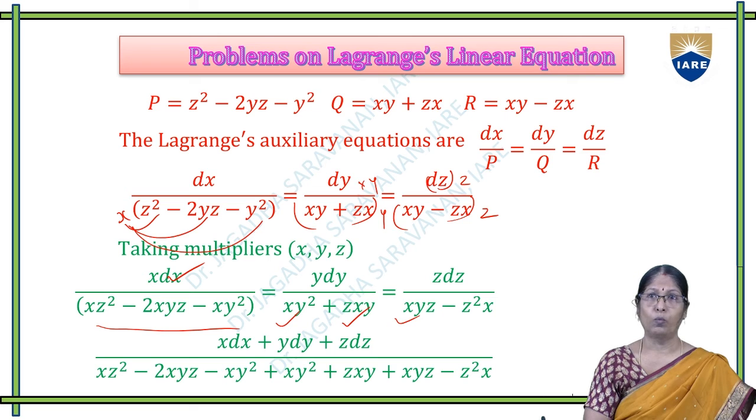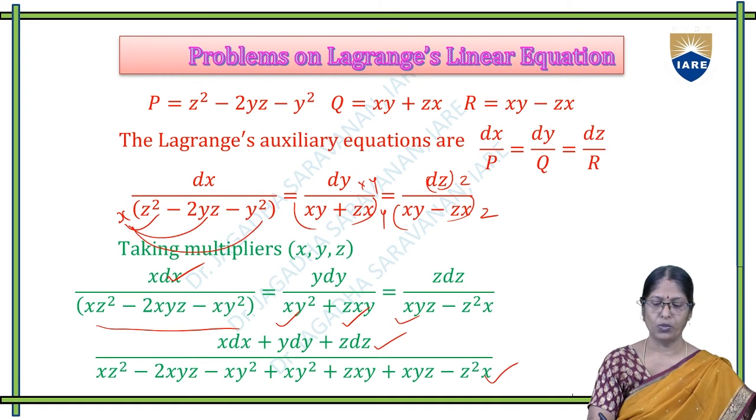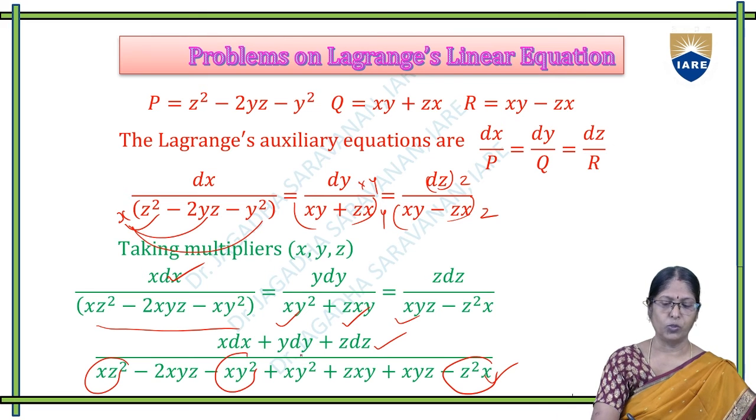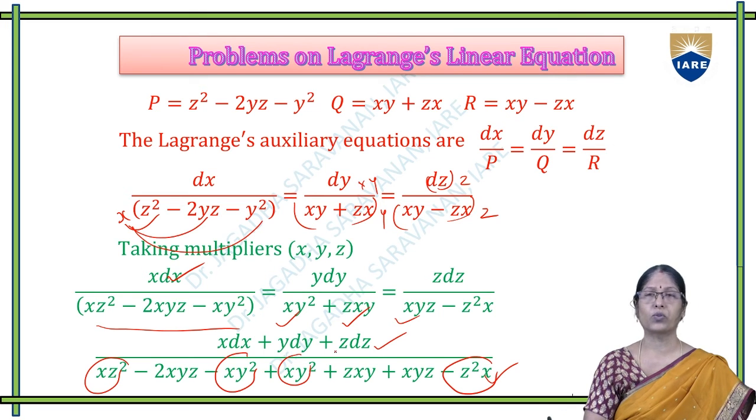Now, what is the condition of the Lagrange's multipliers? After multiplying by the multipliers, we have to add the numerators as well as the denominators, and after adding, the denominator result should be 0. What I am circling, these both are getting cancelled, they are in opposite signs. Next, these both are getting cancelled: minus xy square plus xy square.